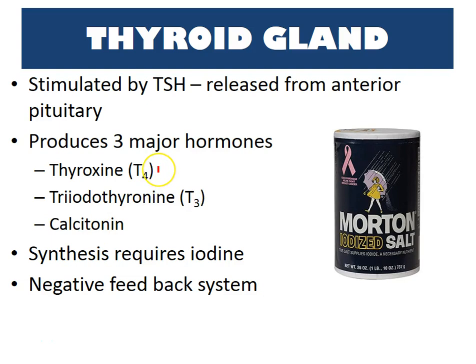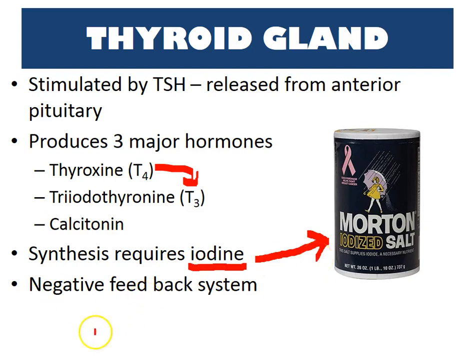And to go in a little bit more depth, which you don't need to know, in terms of thyroid hormones, T4 usually is converted into T3. But when you're talking about thyroid hormones, it is most commonly T4 and T3. Synthesis requires iodine. So that's why, if you never thought about it, our salt is iodized.